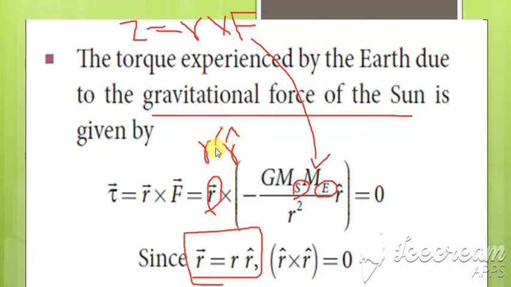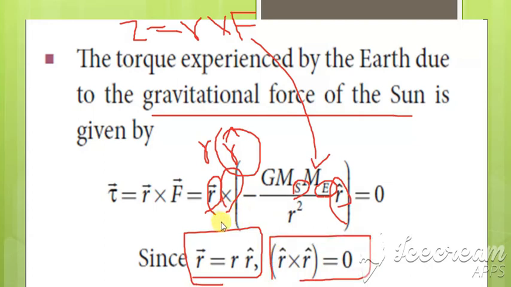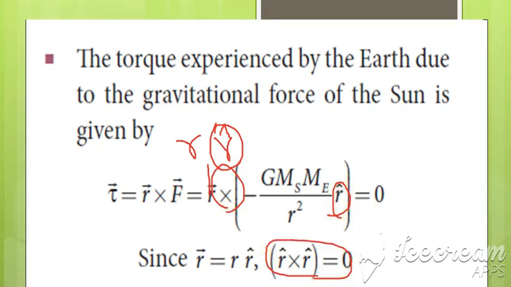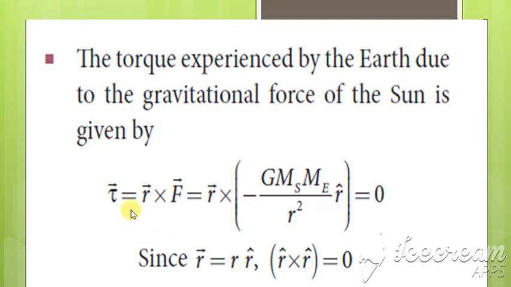Now this r cap cross this r cap, that value is equal to what? 0. So this full term becomes 0. Clear? Since this r can be written as R into r cap, and r cap cross r cap is equal to 0. That is one of the properties of vectors, and so this full value is equal to 0.